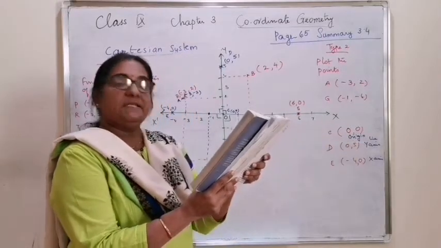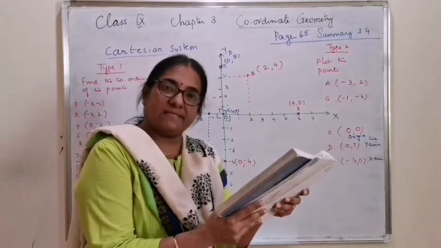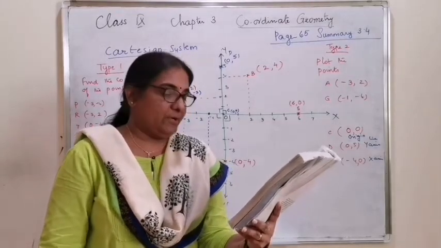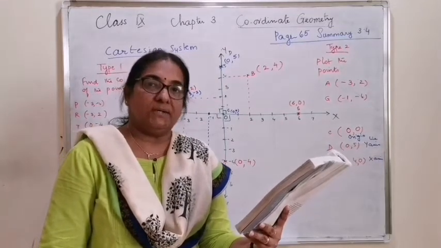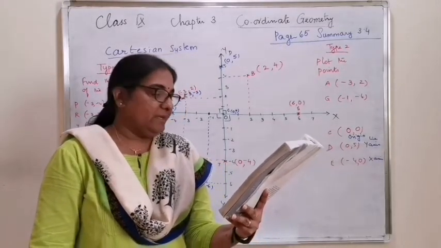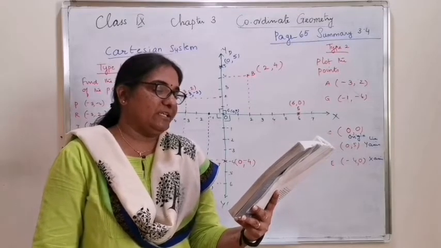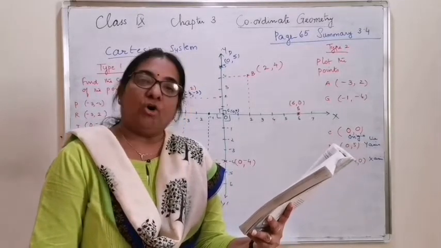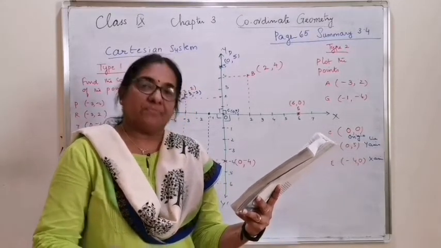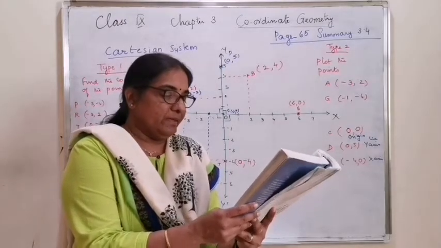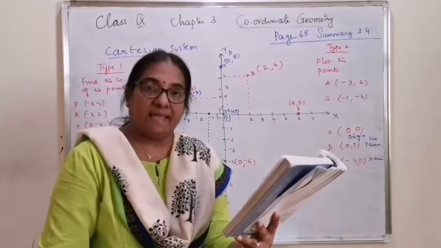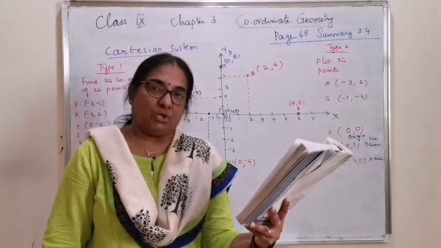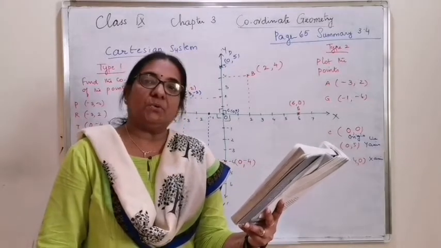The distance of a point from the y-axis is the x-coordinate or abscissa, and the distance of the point from the x-axis is called the y-coordinate or ordinate. If the abscissa of a point is x and the ordinate is y, then the ordered pair (x, y) is called the coordinates of the point. The coordinates of a point on the x-axis are (x, 0) and the coordinates of a point on the y-axis are (0, y).